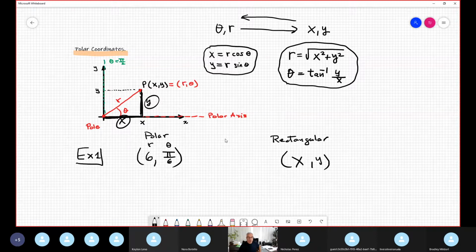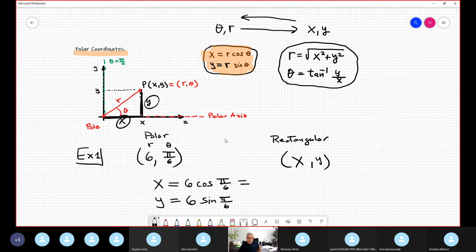So using those equations, x is equal to 6 cosine pi over 6, and y is 6 sine pi over 6. Cosine pi over 6, I remember, is radical 3 over 2.